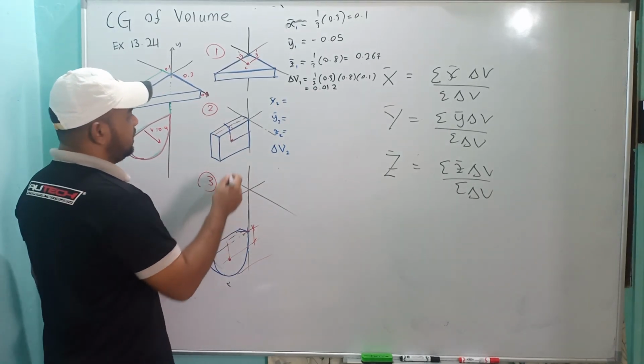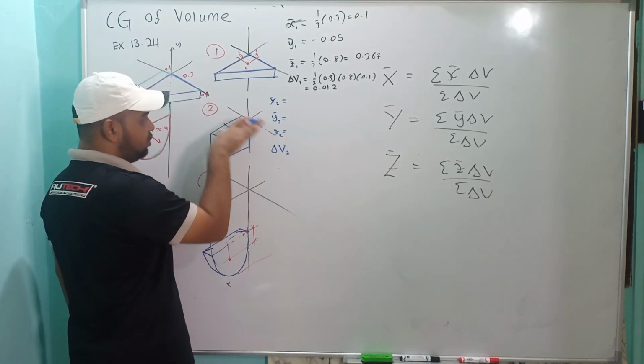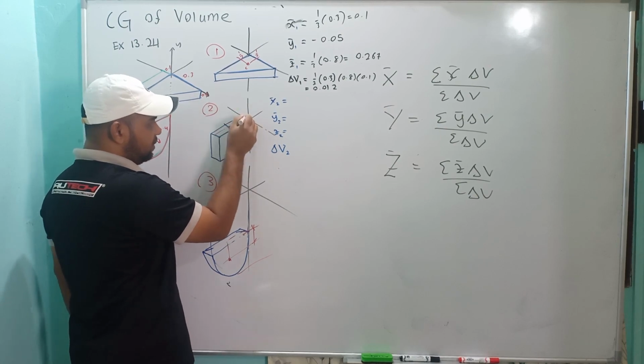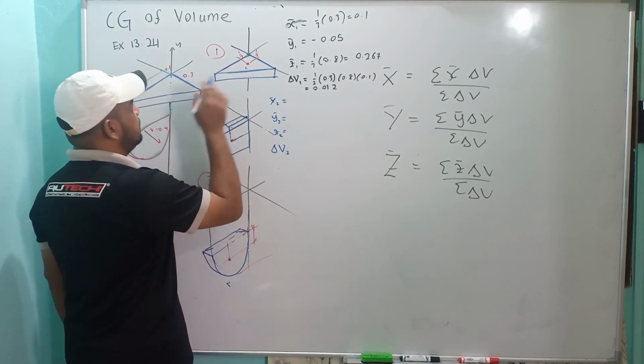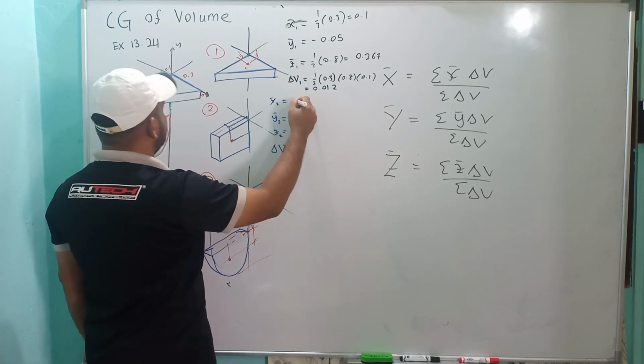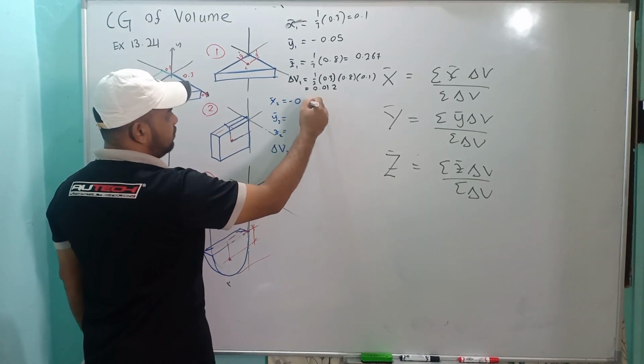X is positive in this direction, so you go backward, half of the thickness, which is given as 0.1, so negative 0.05.